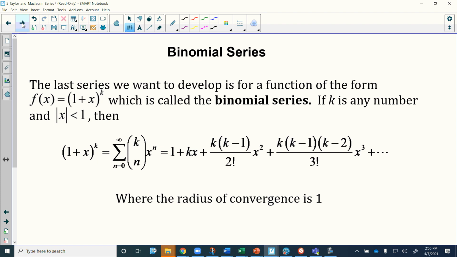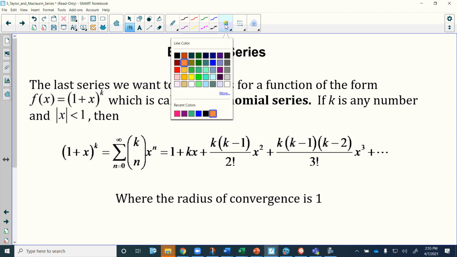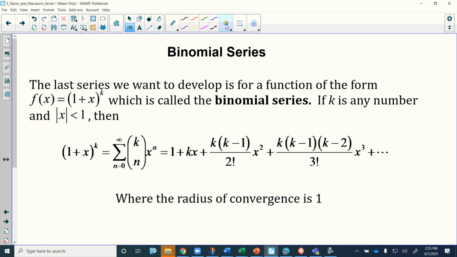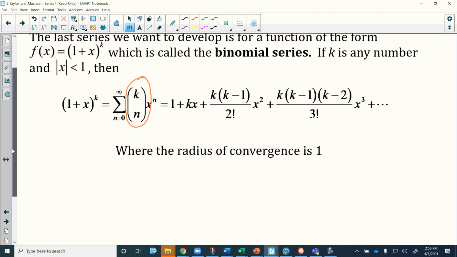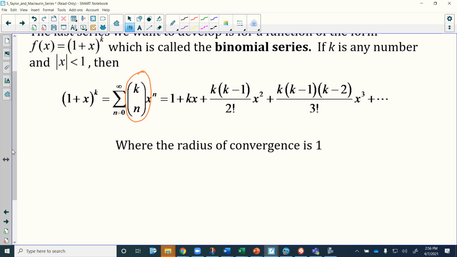For instance, this bit here, the stuff in these kind of exaggerated parentheses, usually they're indicating you're dealing with a combination.